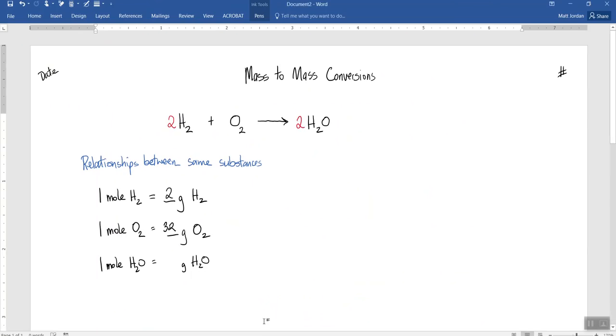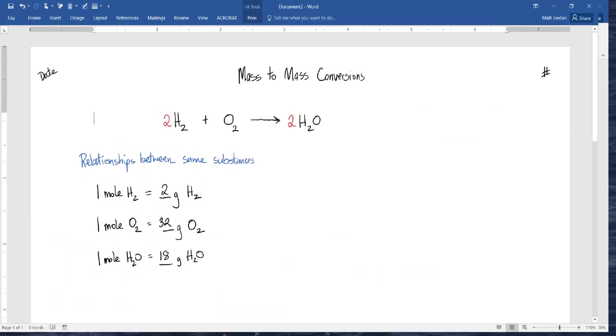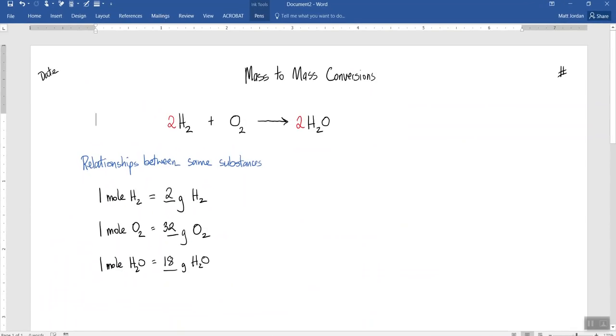So 1 mole of water would equal 18 grams of water. So these are relationships between the same substances. We go hydrogen to hydrogen, oxygen to oxygen, and water to water.